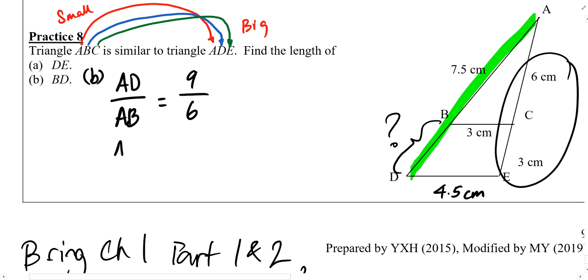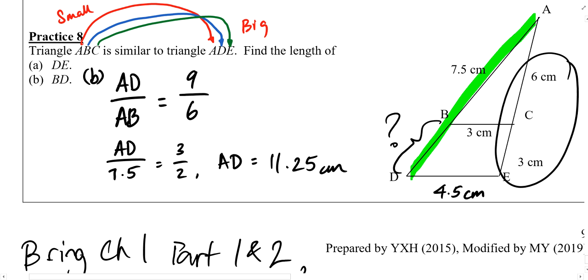So let's rewrite AD over 7.5 equals 3 over 2. AD must equal 1.5 times 7.5. That gives me 11.25 cm. So we found AD already, meaning BD must equal 11.25 minus 7.5 to give me 3.75 cm.